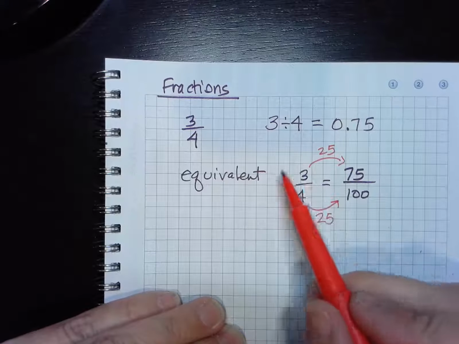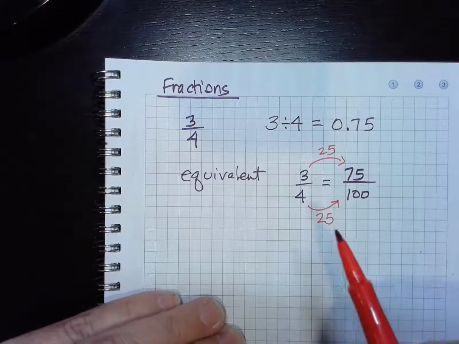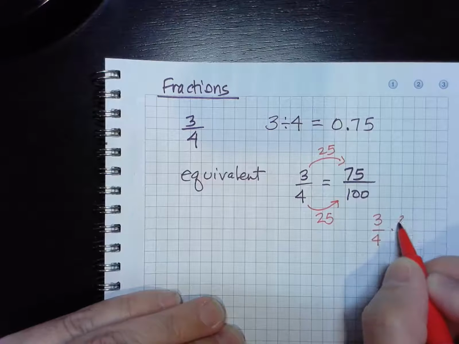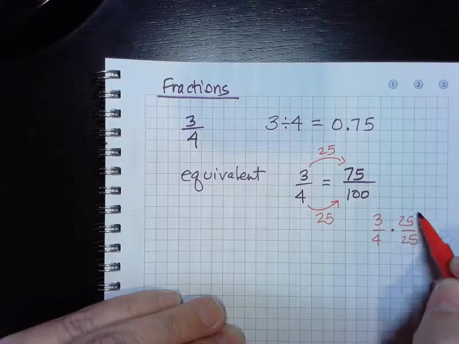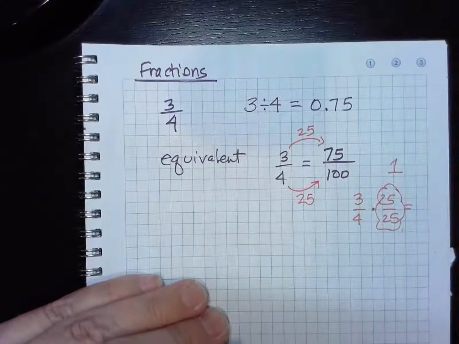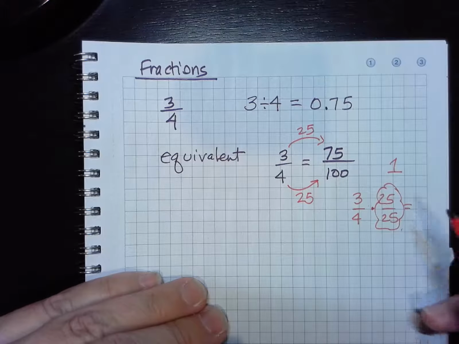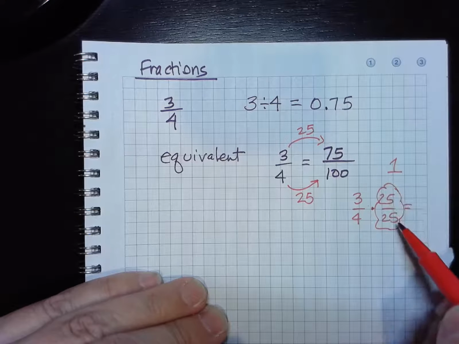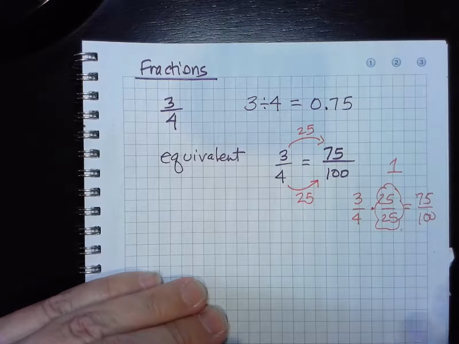So I'm multiplying this fraction, 3/4, by 25 over 25. Well, we all know that 25 over 25 is equal to 1. And so I'm not changing the value of the fraction. I'm just changing the appearance when I multiply the numerator and the denominator by the same number. And that's what we call equivalent fractions.